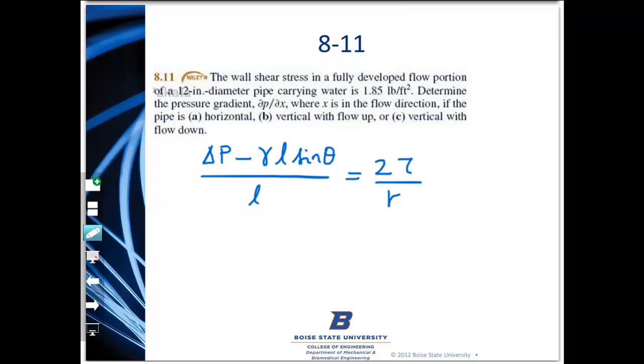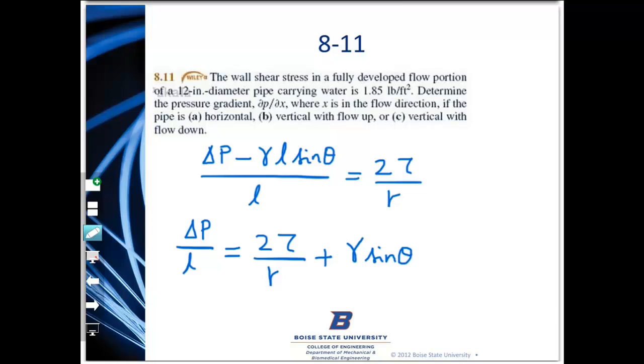However, in this problem we are interested in tau wall, which is what we are given, so we can replace this with tau wall. In any event, let's try to rewrite this. I can write this as delta P over L equals 2 tau over R plus gamma sine theta.